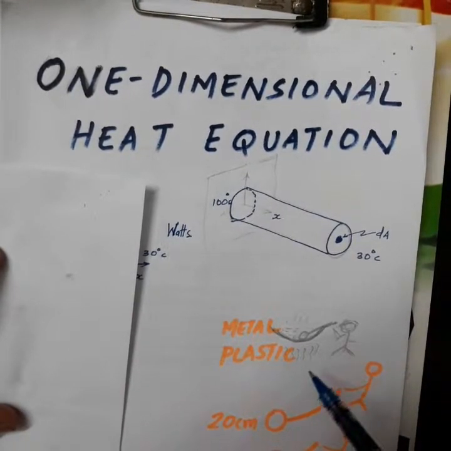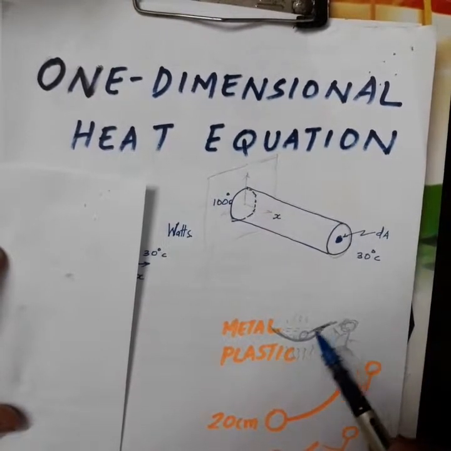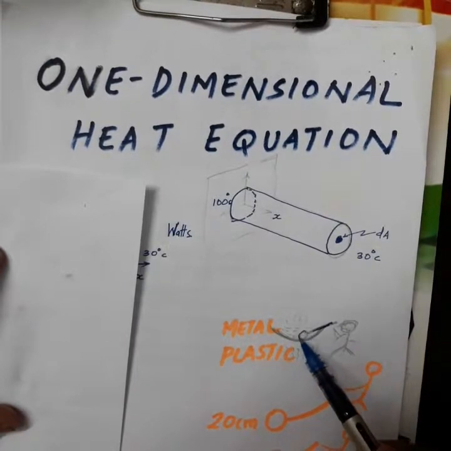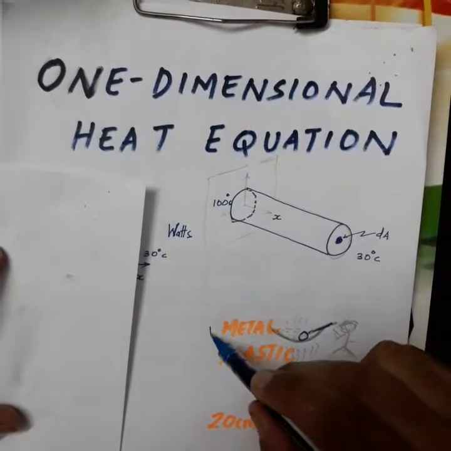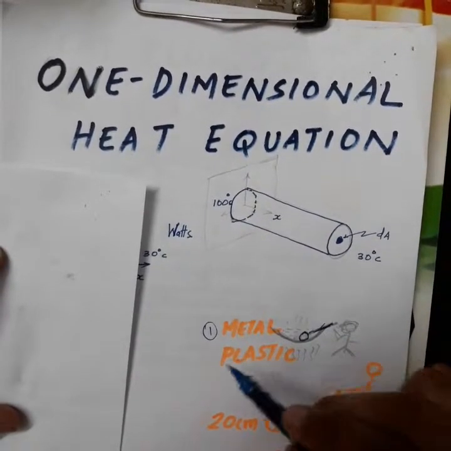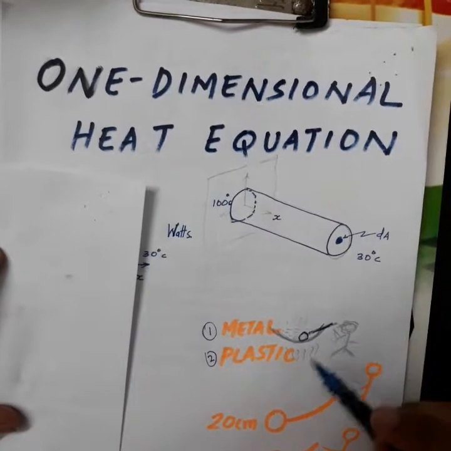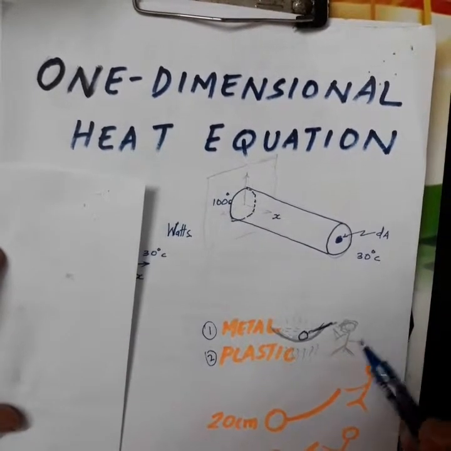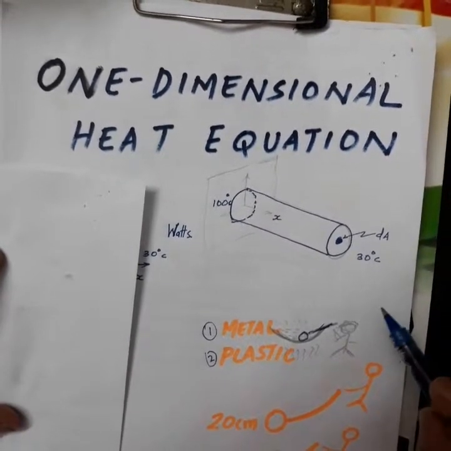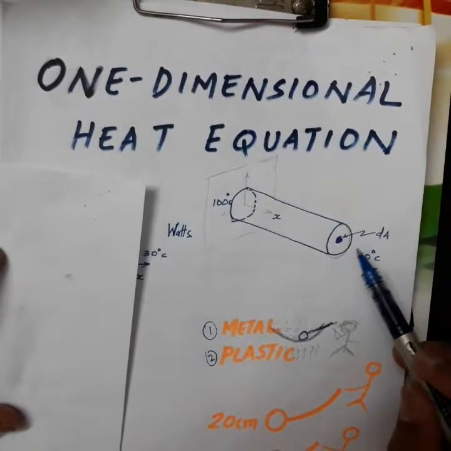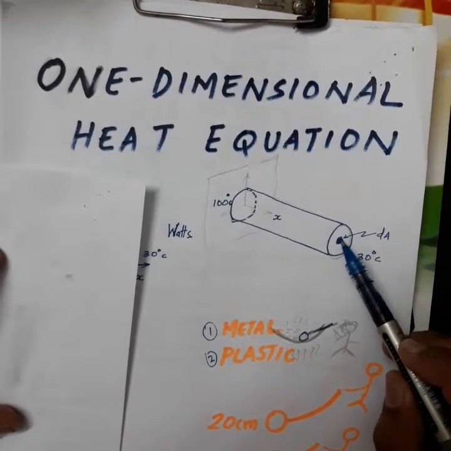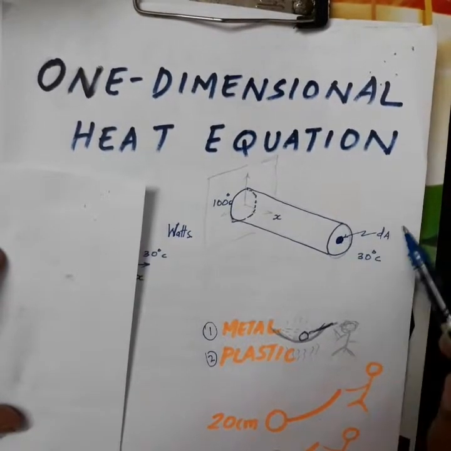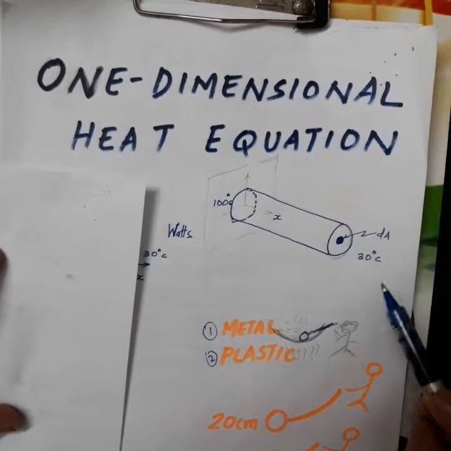But if you're using a plastic utensil, then he may not feel the heat compared to case 1. Case 1 is a metal, case 2 is a plastic. So in case 1, more energy is getting transferred through this particular area.